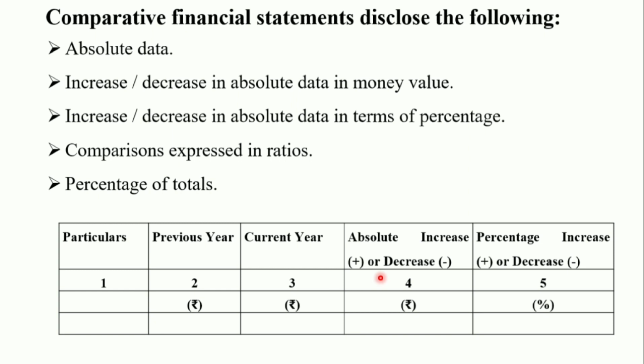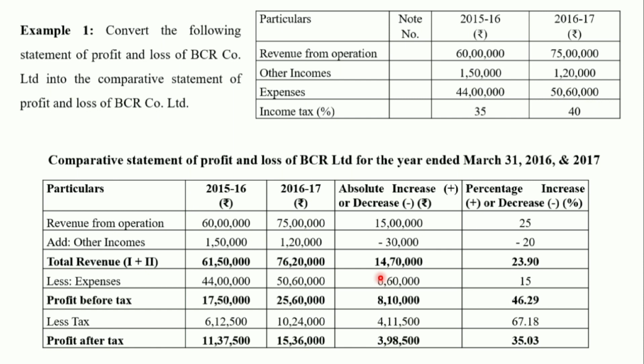Now in the next slide we are going to see it in detail with an example problem. We are going to see one problem of a comparative balance sheet, and another problem of a comparative profit and loss statement. Example number 1: convert the following statement of profit and loss of BCR Cooperative Limited into the comparative statement of profit and loss.